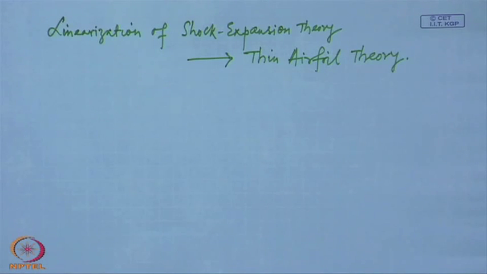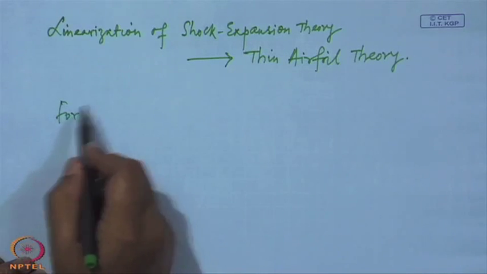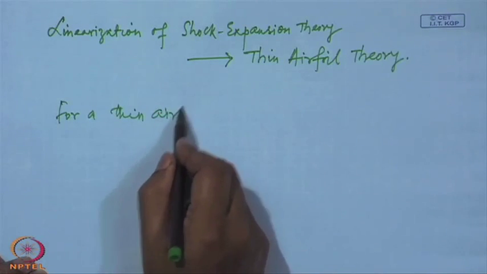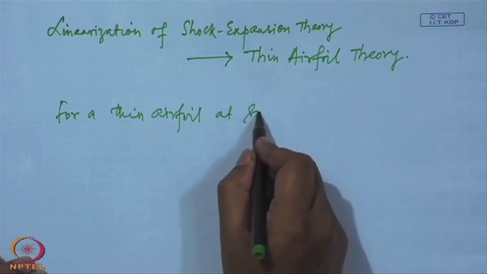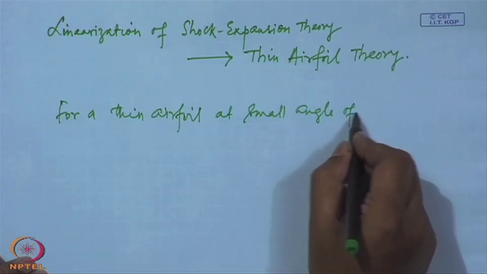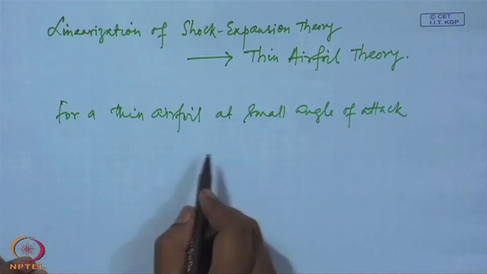Now, we can linearize the shock expansion theory for a thin airfoil, because when you have a thin airfoil theory at small angle of attack, for a thin airfoil at small angle of attack, the flow deflections are always small.